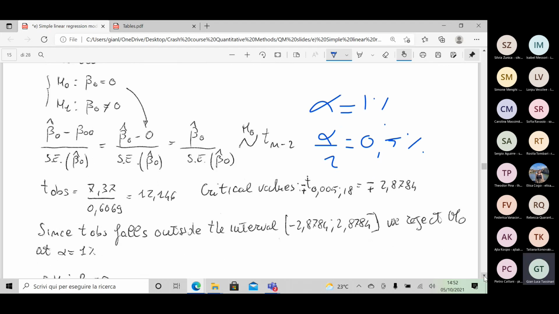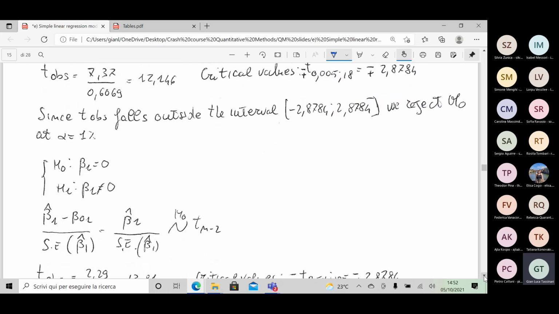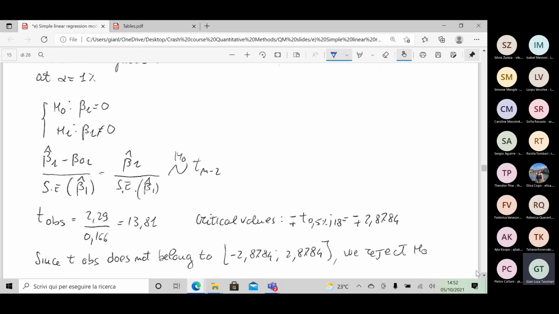Now we want to test the same hypothesis concerning beta 1, the coefficient of regression. Again, the test statistic is similar to the previous one: beta 1 hat minus beta 1,0. To be precise with the notation I used, you should write the 1 before the 0, because essentially, what do I mean with beta 1,0?